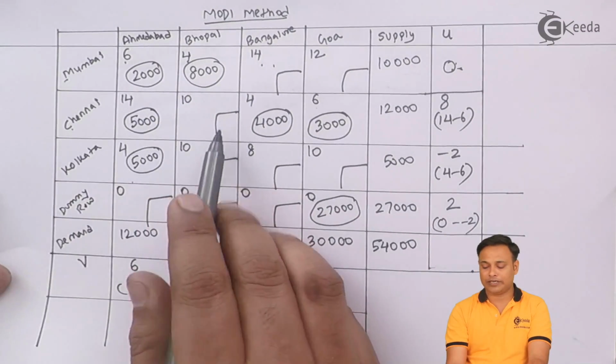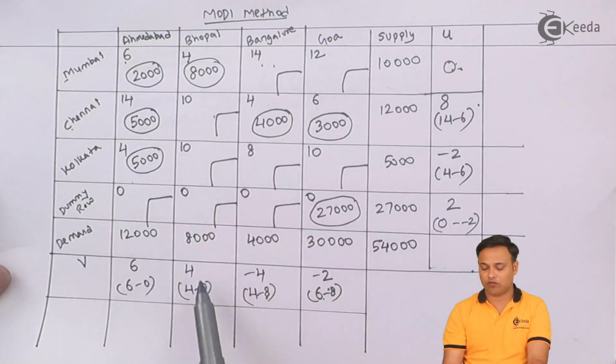For Chennai Bhopal it will be 10 minus 8 plus 4.